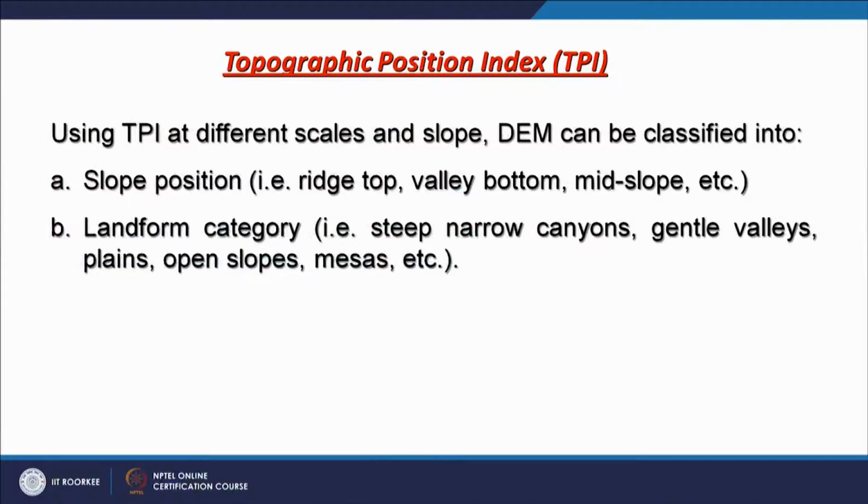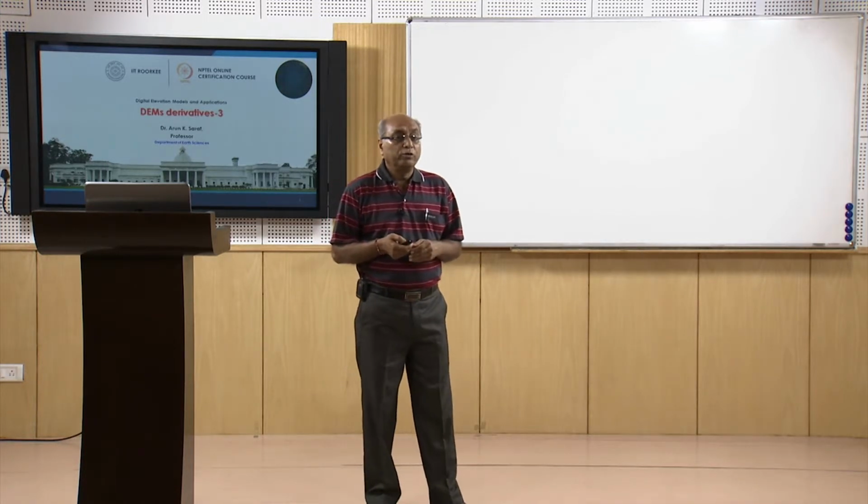When we bring in landform category, we can classify steep narrow canyons, gentle valleys, plains, open slopes, mesas, etc. As I mentioned, there are various ways of calculating the topographic position index. We will take one very popular example, given by Jenness, to calculate this.